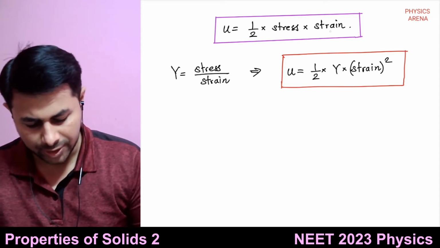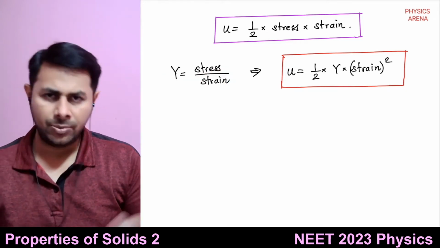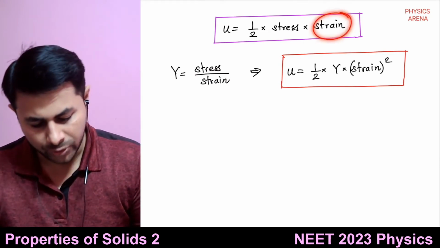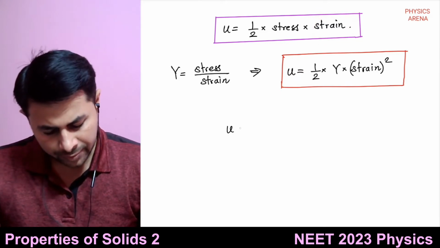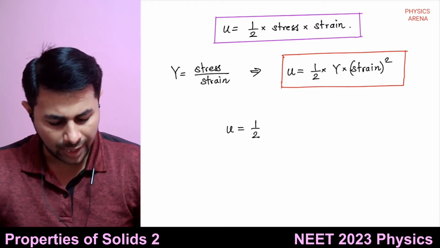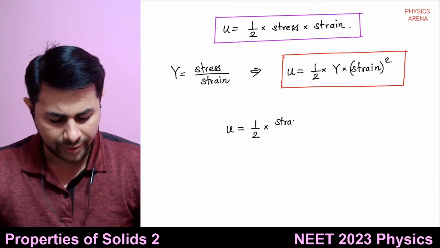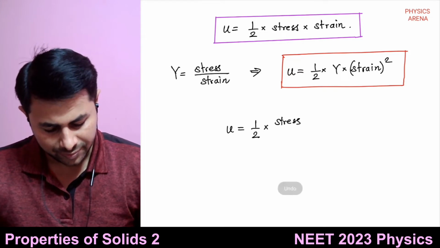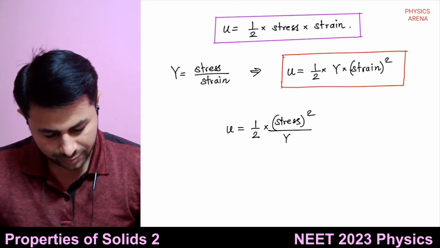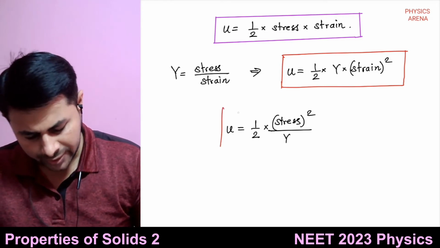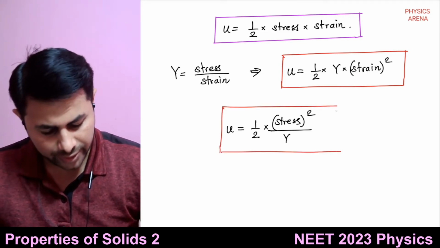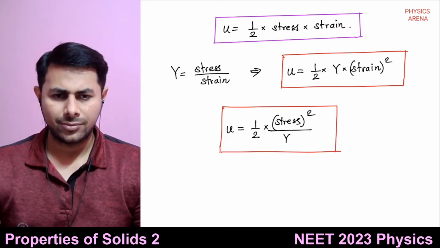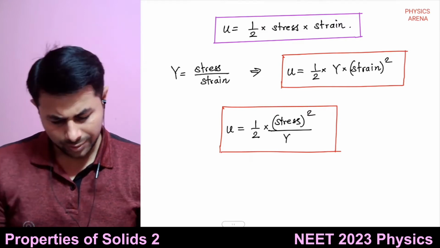And then you can substitute strain is equal to stress divided by y. You can put it here. So you get this another formula, u equals to half of stress square upon y. Okay. So you get these three formulae for elastic potential energy per unit volume. Is it clear?